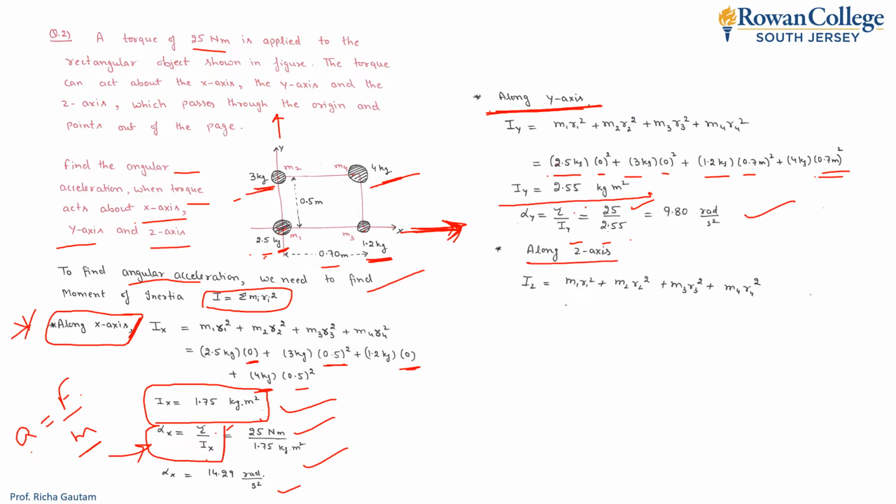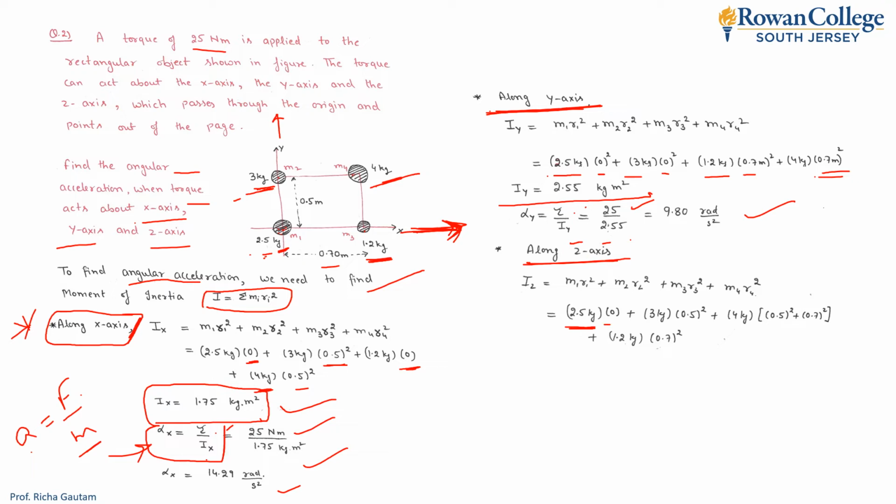And along the z-axis now. Along the z-axis, you're going to check all the distances of the masses from the z-axis. The first object, 2.5, since it is at the origin, all its distances, whether x, y or z, will be 0.